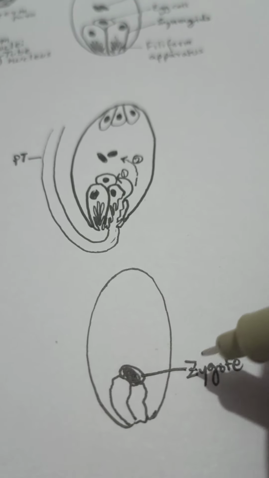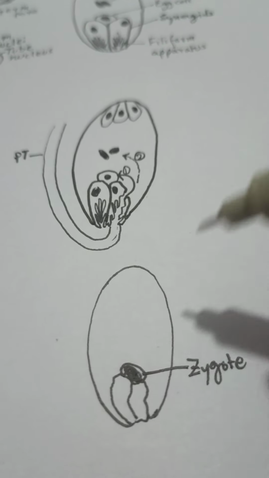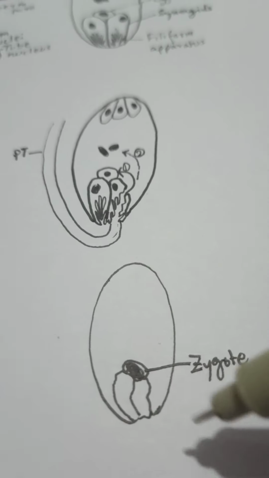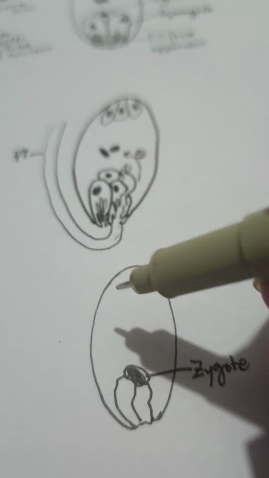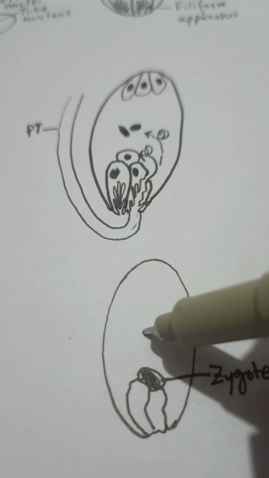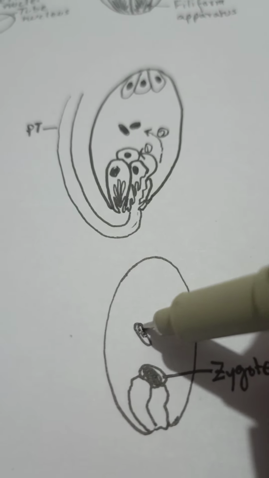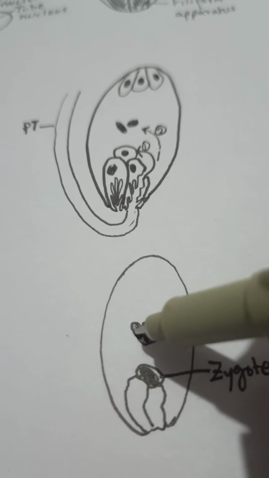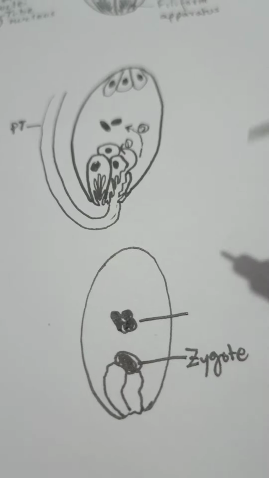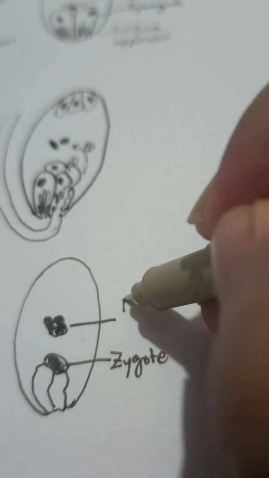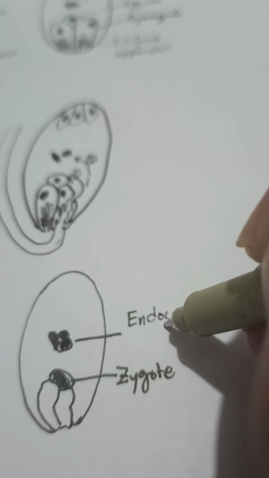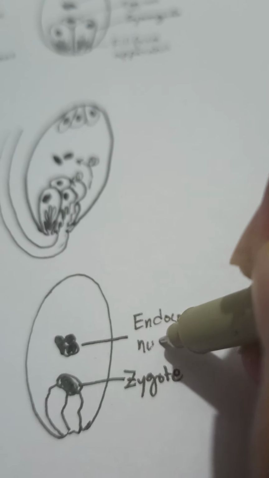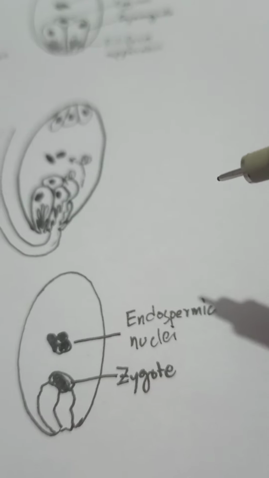So this zygote is the one which will develop into the embryo of the seed, whereas the polar nuclei will all fuse together, forming the endospermic nucleus.